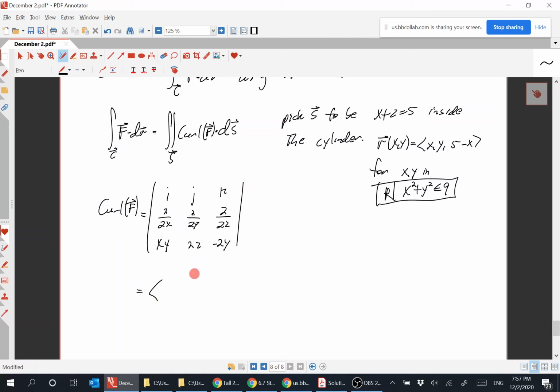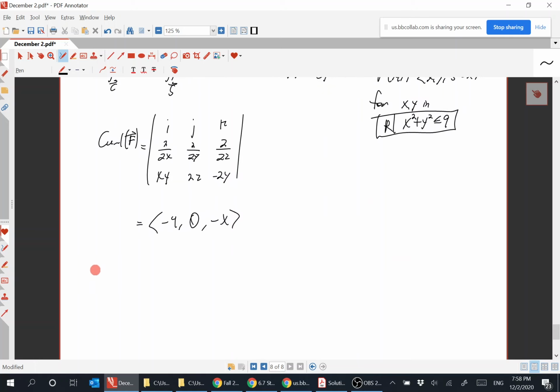So this is equal to minus 2 minus 2. j is 0 minus 0. And the k is 0 minus x. Right, so that's the curl of f.